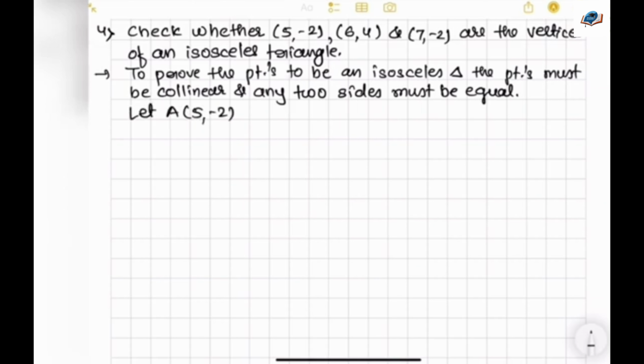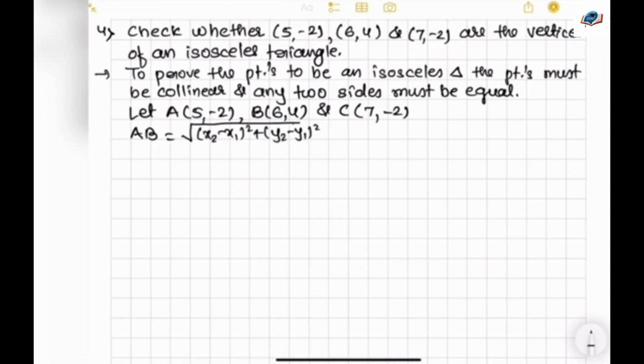So now let me give the names. Let A be (5, -2), B (6, 4) and C (7, -2). So using the distance formula, I am finding the distance AB. AB will be the square root of (x2 minus x1) whole square plus (y2 minus y1) whole square.